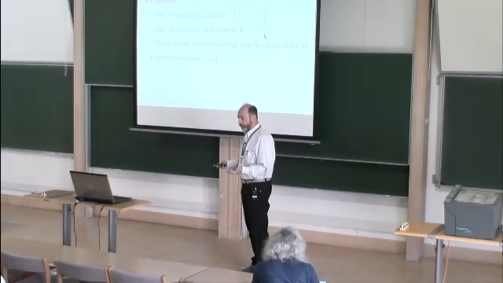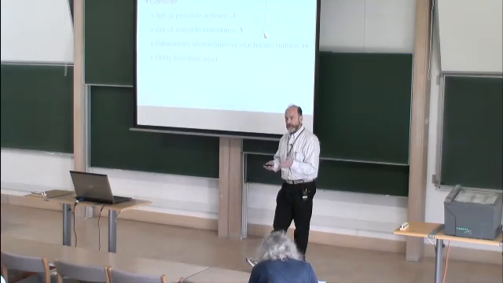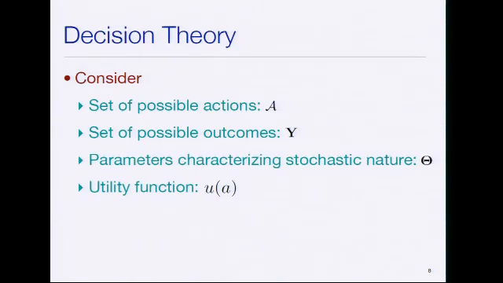So as we all know, in decision theory, we have a set of possible actions. So it might be sampling times for pharmacokinetics or for viral load. It may be numbers of patients. It could be follow-up times. So there are a set of possible actions that will define our decision space. Set of possible outcomes, how the patients will respond to the treatment.